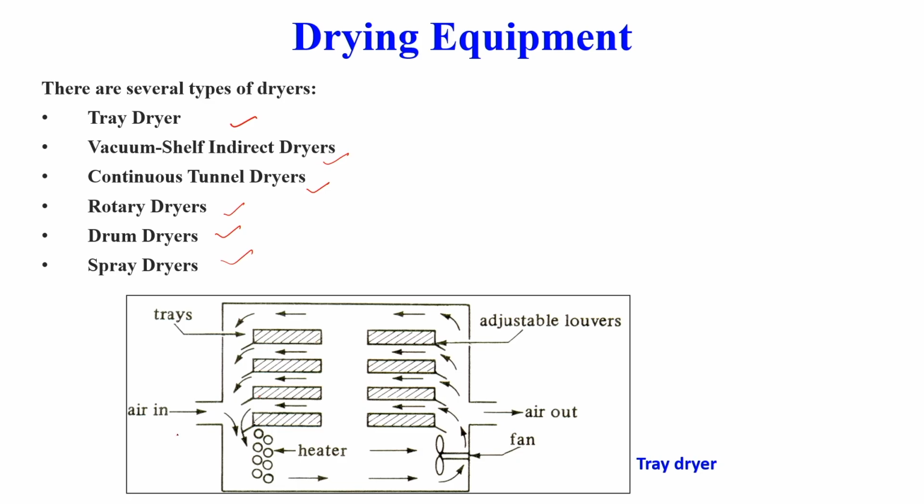Now, the air will be coming here, and then it will go out here, and in this way the air will be recirculated among the trays and through the trays, and if the surface is exposed, through the surface this evaporation or drying will take place.